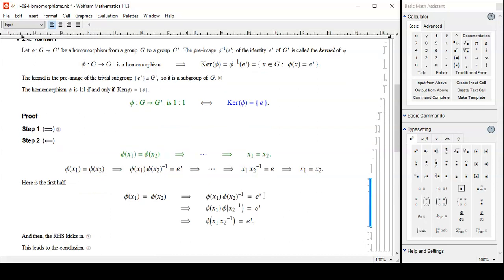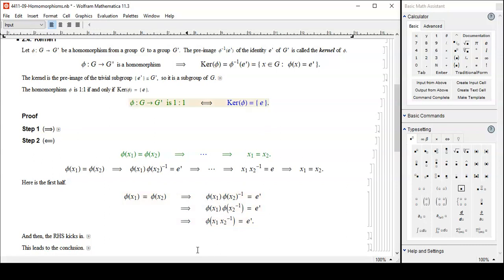Inverse inside, phi of x1, x2 inverse is E prime. Does it help? We did get this expression here, so yeah, we have somewhere, but not quite yet. So how do I utilize this blue?